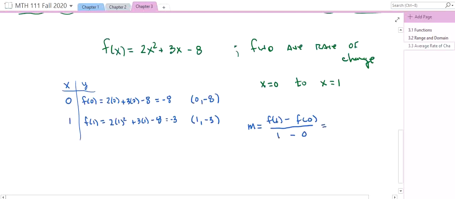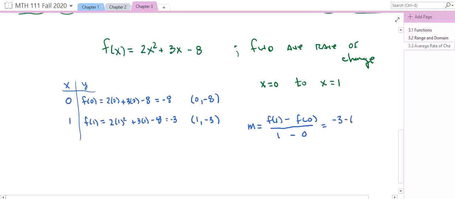So f of 1 is minus 3, and f of 0 is minus 8.